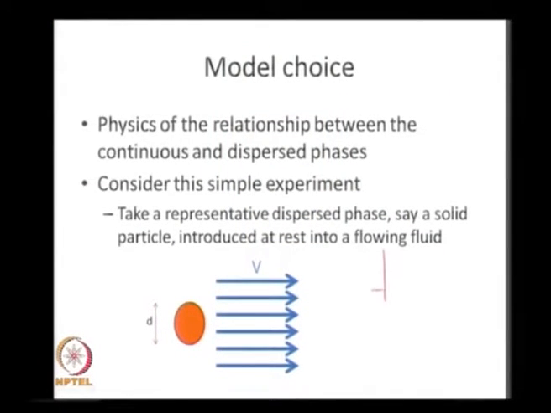So, if I plot the velocity of the particle versus time or versus length along the cross section, you will find that the velocity reaches the magnitude v.